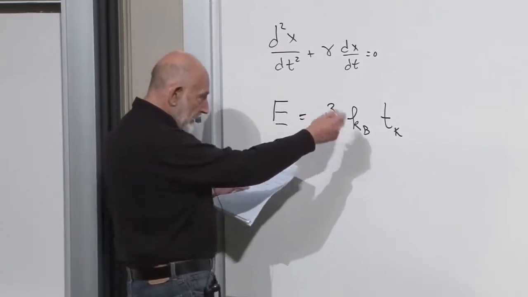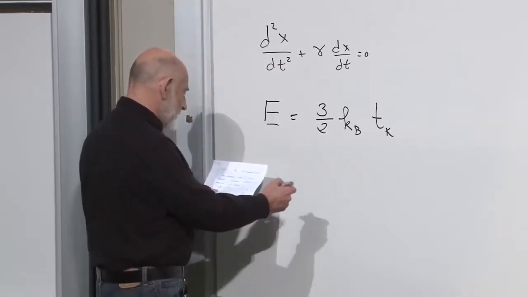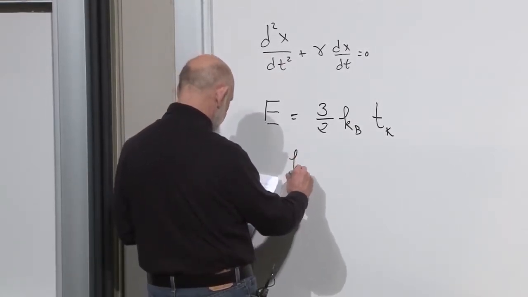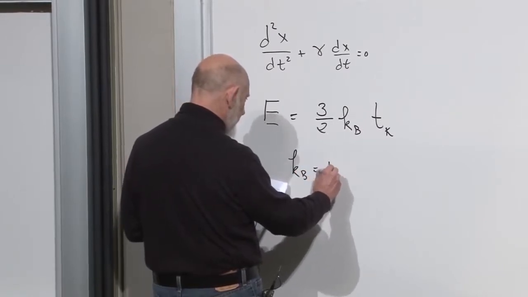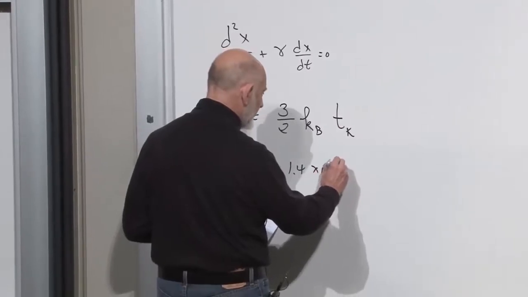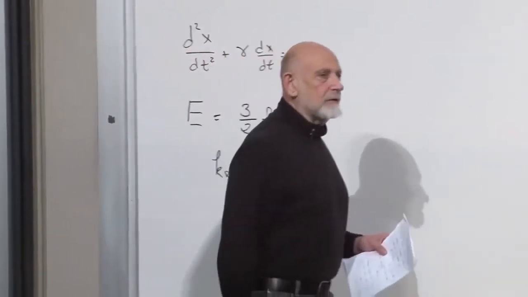And this number in human units, meaning standard units, meters and so forth, K Boltzmann is about 1.4 times 10 to the minus 23rd. It's no accident that Avogadro's number is also roughly 10 to the 23rd.